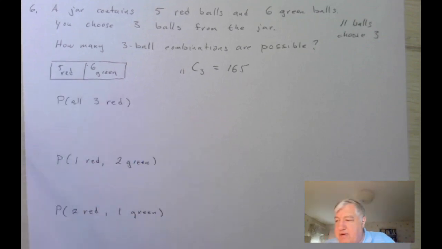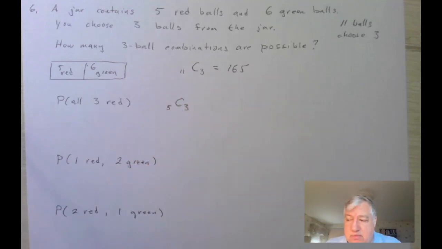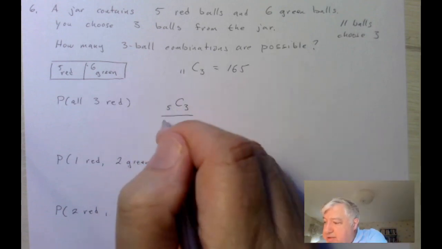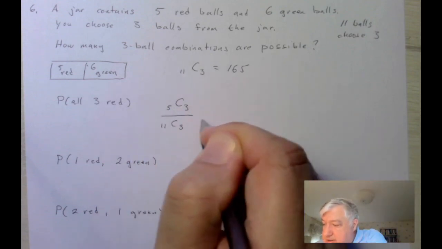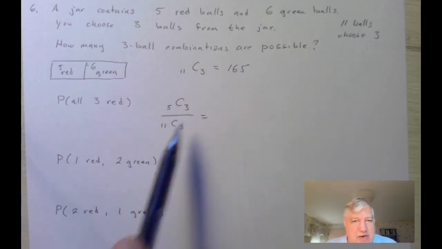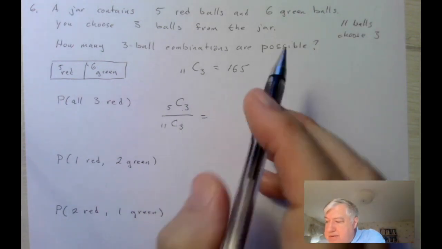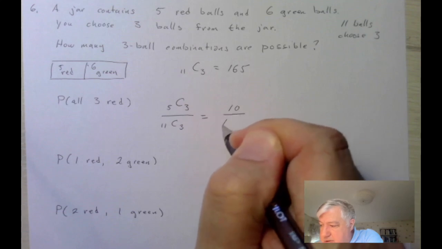So there are 5C3 ways you can get all red balls. Those are the number of outcomes in which we get all 3 red balls, and the total number of outcomes again is 11C3. So this is 165, the size of our sample space. So the answer would be 10 over 165.